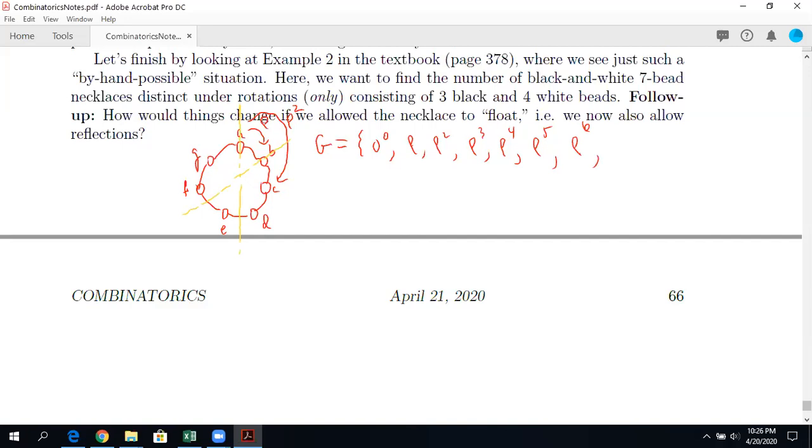I'm going to write that as R, for reflection: RA, RB, RC, RD, RE, RF, 1, 2, 3, 4, 5, 6, and RG.